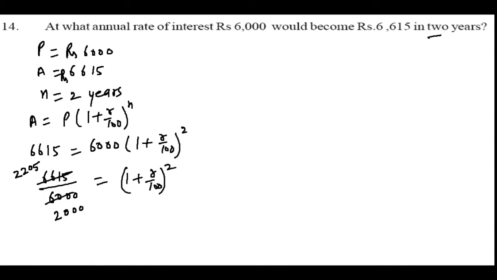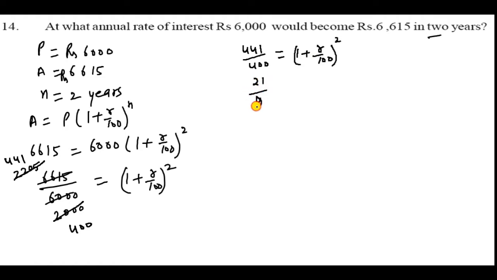Now 5 fours are 20, so it becomes 400. So we get here 441 upon 400 will be equal to (1 plus R upon 100) to the power 2.